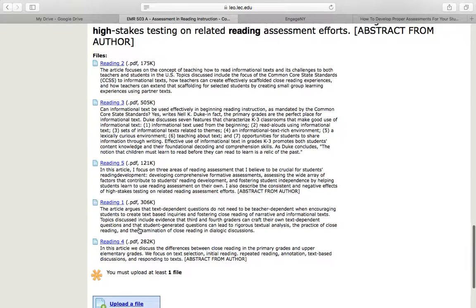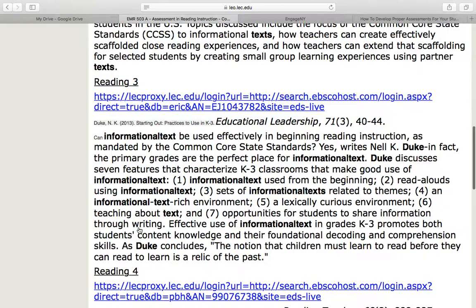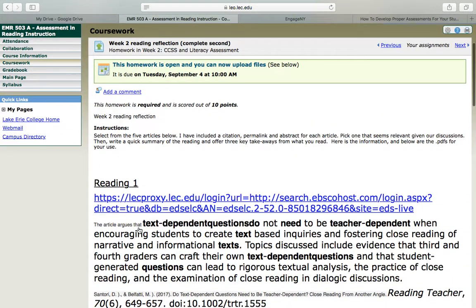I want you to do that reading, and when you're done, I want you to write a very short response to it. I want you to give me the citation, and then write a quick summary of the reading, and then offer 3 key takeaways from what you read, so that you can start to think about some of the pedagogical implications of the Common Core.